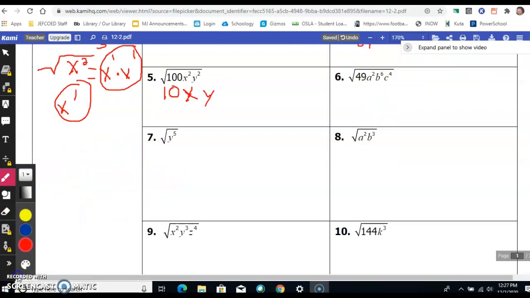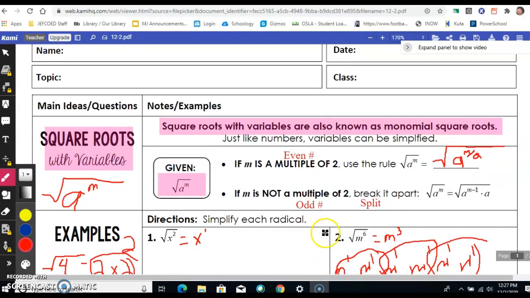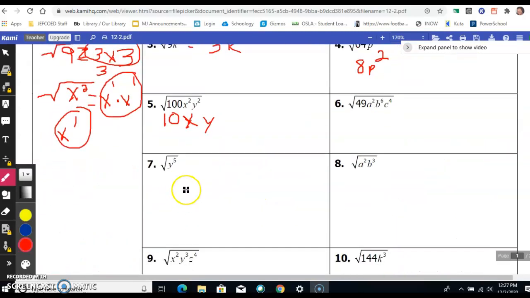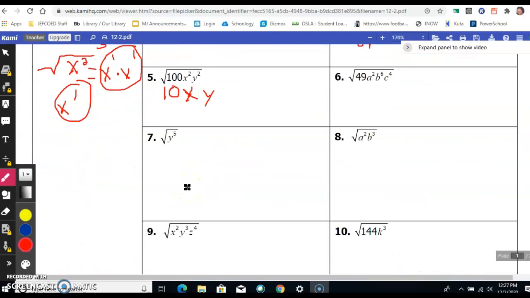Okay. Now, if you're looking at 7, this is one of those where we talked about the second part of this. If it's even, we can simply divide it by 2 because it's a multiple. Now, if we're looking here, y to the 5th is an odd number. This is where we're going to split it into 2 pieces. We're going to do the same thing here as if it was a non-perfect square root or a non-perfect cube root.